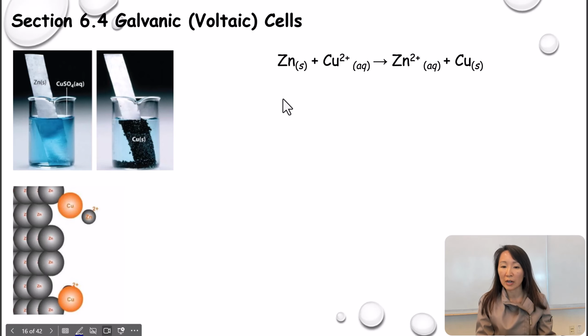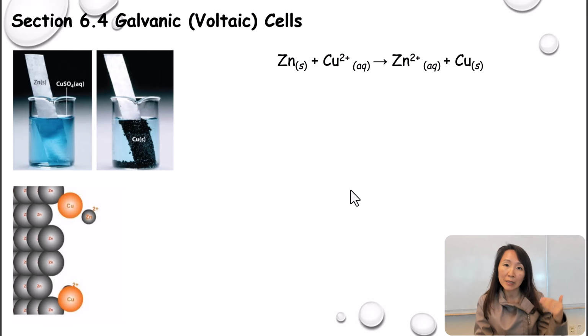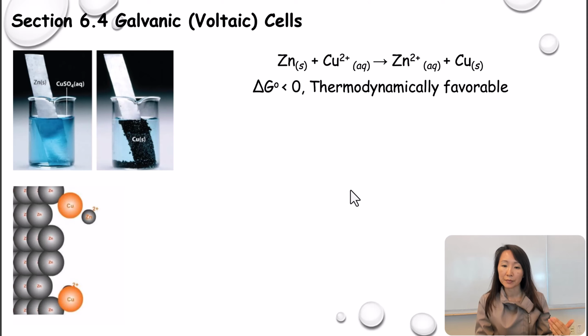We have zinc solid forming into zinc aqueous with the +2 charge, meaning that it's going into the solution, whereas copper 2+, which was in the solution, now forms into copper solid. This process is considered to be thermodynamically favorable, meaning it happens spontaneously.